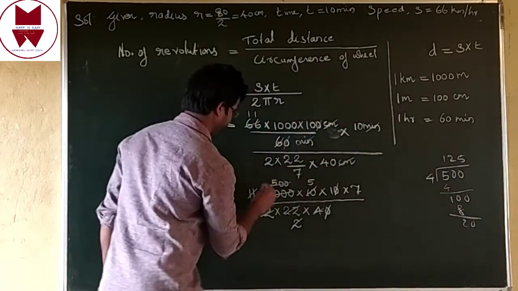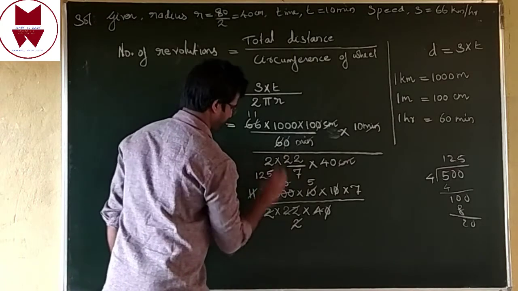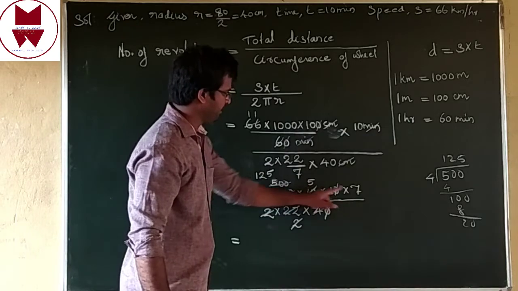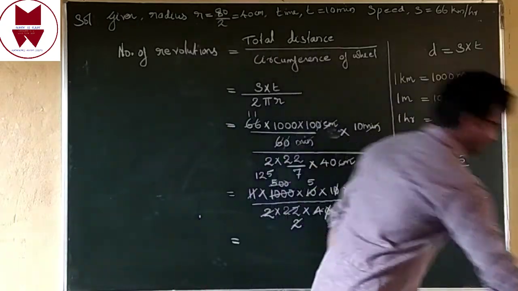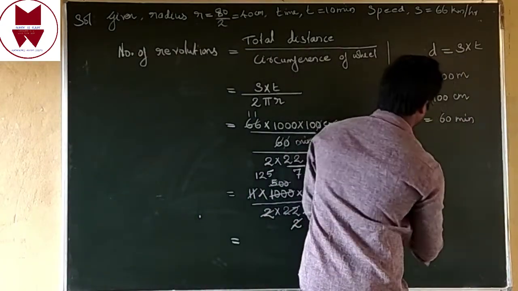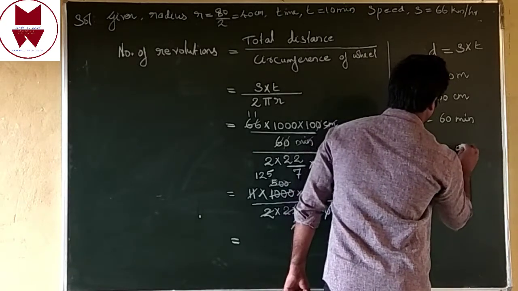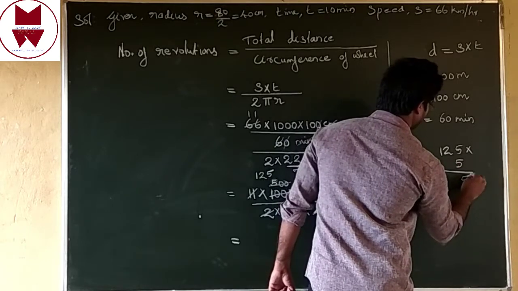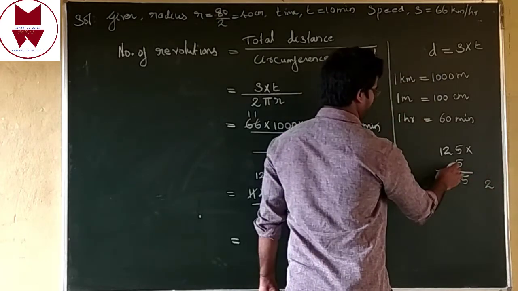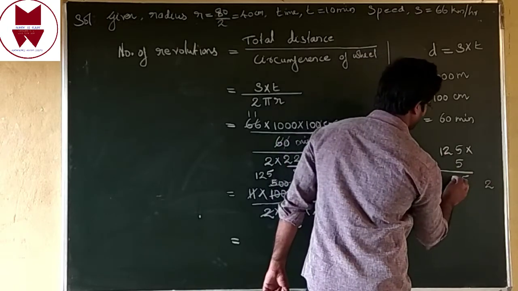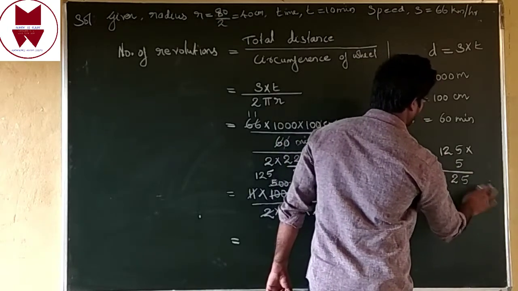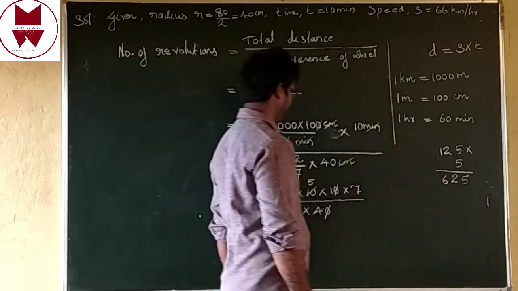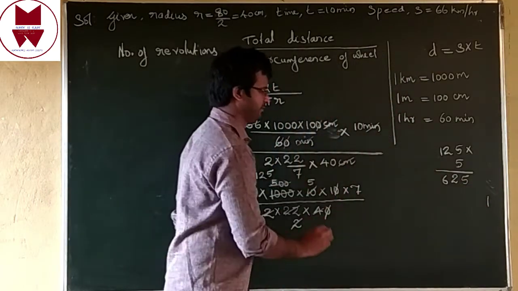We'll get 125. 125 is equal to multiplying 125, 5 and 7. 125 into 5: 5 into 5, 25, remainder 2. 5 into 2, 10 plus 2, 12. Remainder 1. 5 into 1, 5 plus 1, 6. 625.